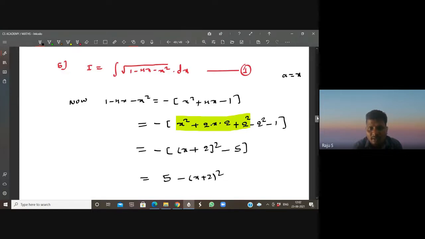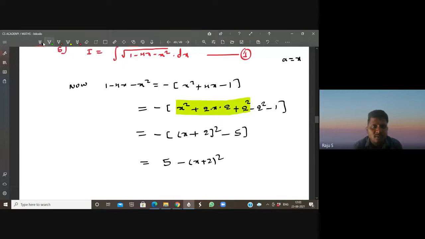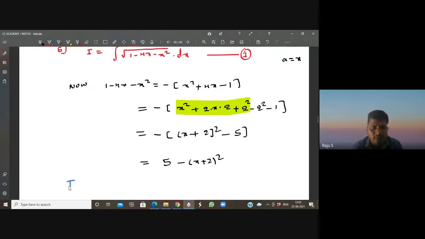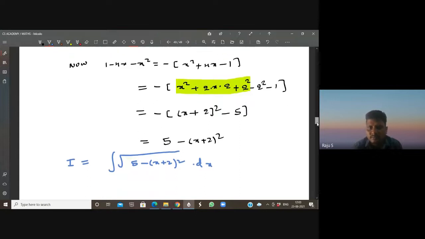Now, what shall we do? From equation 1, we can replace square root of 1 minus 4x minus x square by square root of 5 minus x plus 2 the whole square into dx. Right, students?